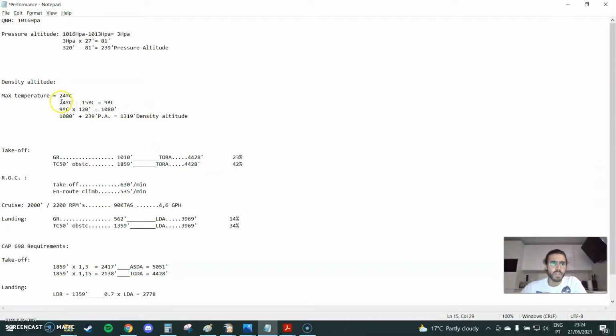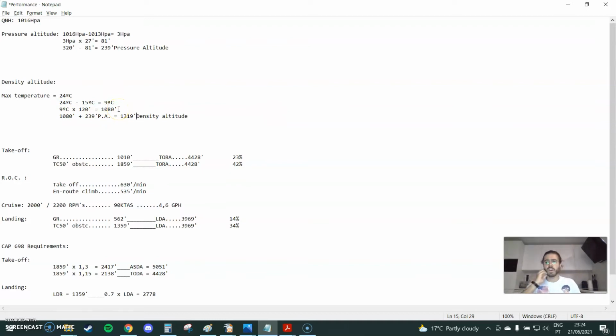So 24 degrees Celsius, the difference from 15 degrees Celsius, which is the ISA number, is basically 9 degrees Celsius. For each degree Celsius, we assume 120 feet difference. Okay, so 9 times 120 will give you 1080 feet.